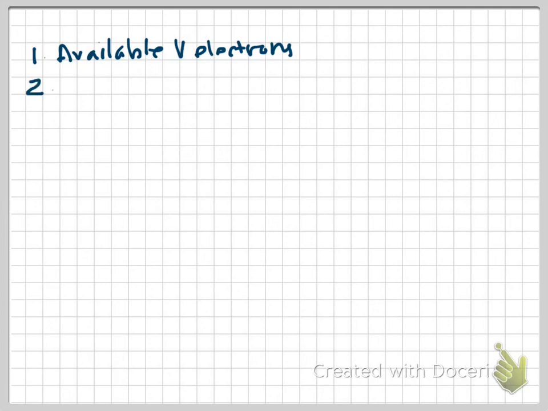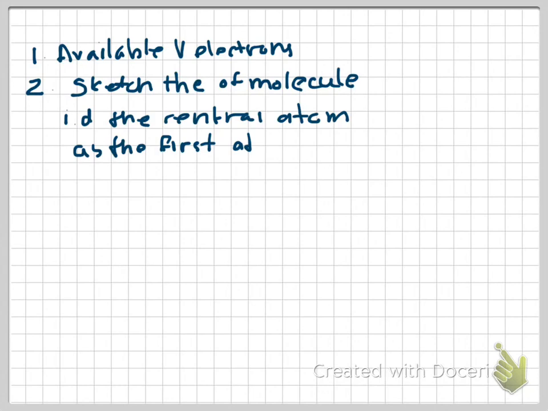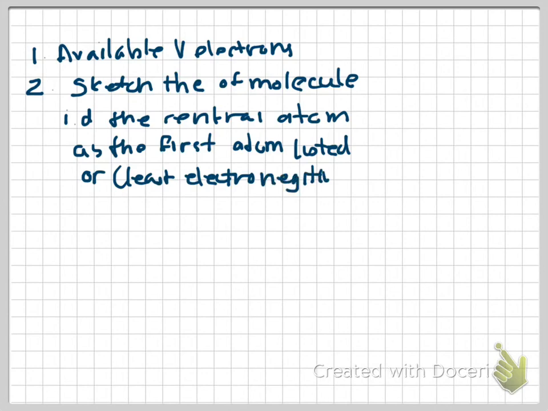The second step was to sketch the skeleton of the molecule, identifying the central atom as the first listed atom or the least electronegative in the structure.